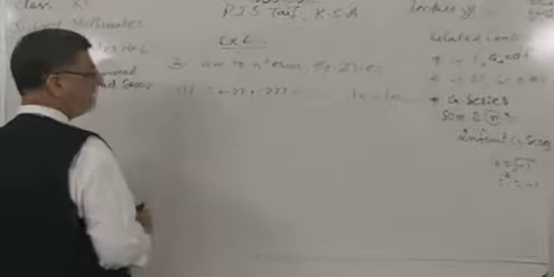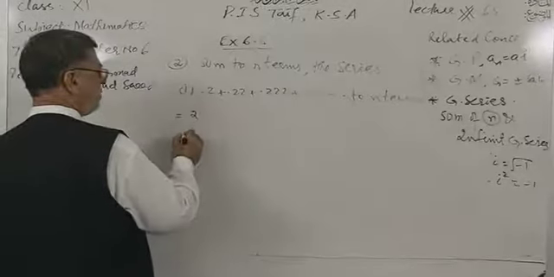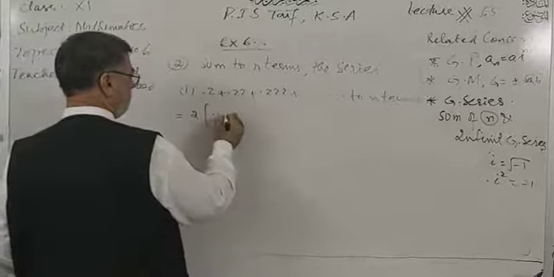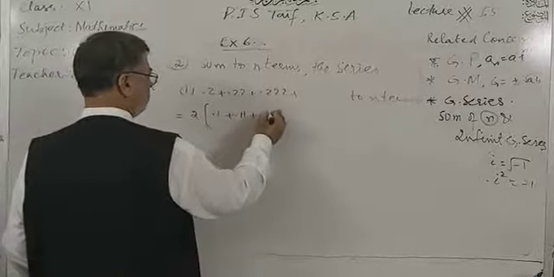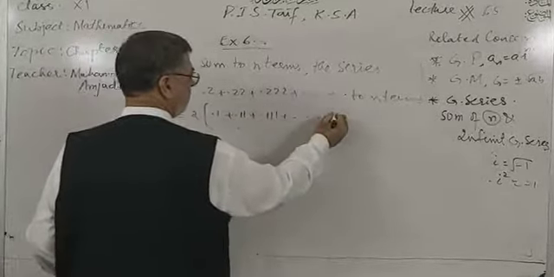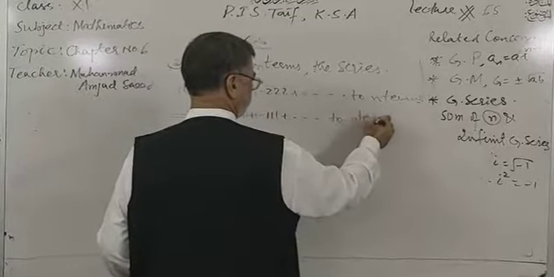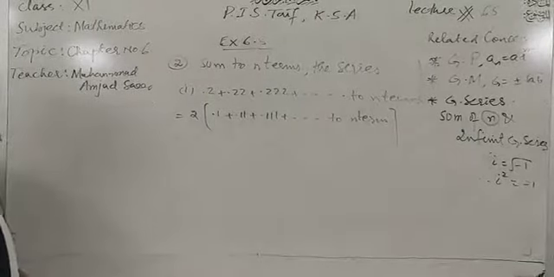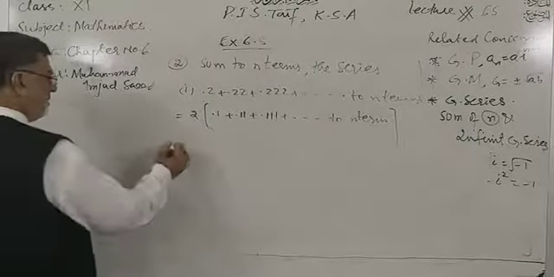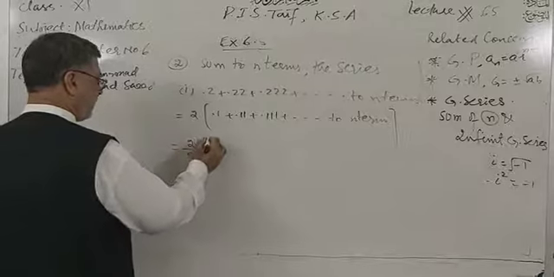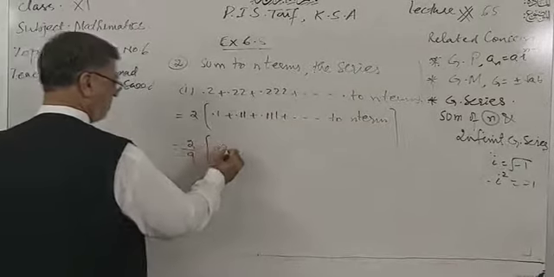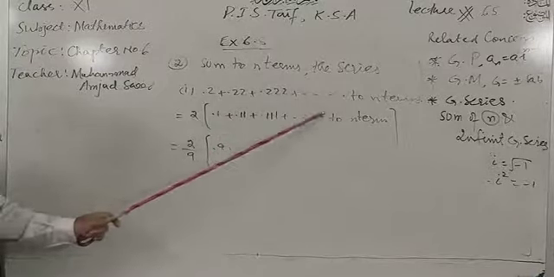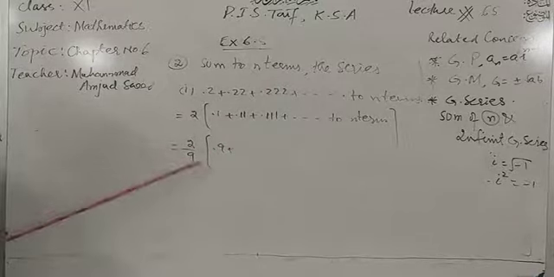Now, for doing that, take 2 common from all terms. It will be 0.1 plus 0.11 plus 0.111 plus so on to n terms. After that, divide and multiply by 9. Here inside I am multiplying by 9 and outside 9 is divided.